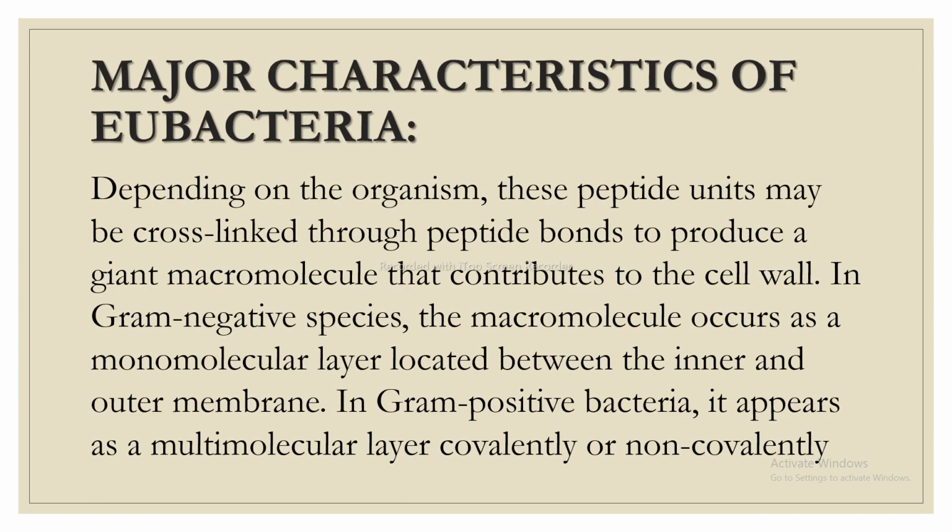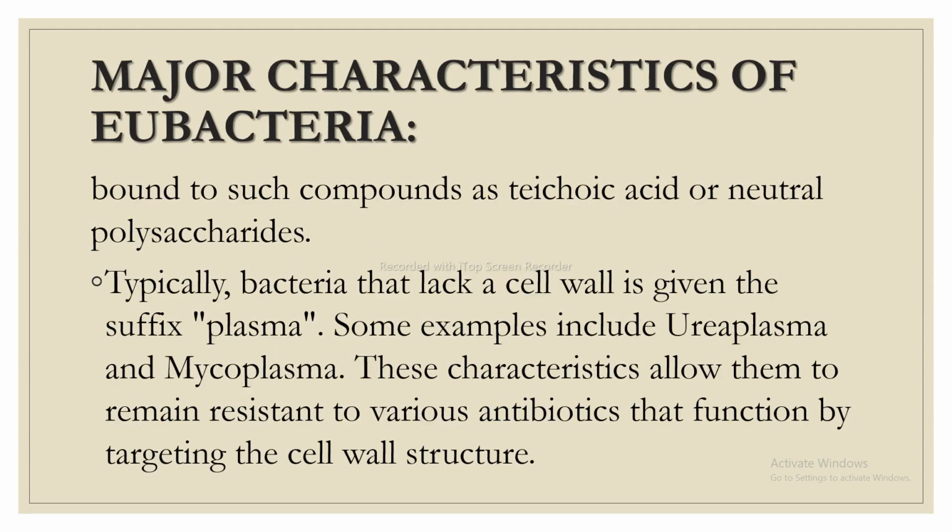In gram-negative species, the macromolecule occurs as a monomolecular layer which is located between the inner and outer membrane. In gram-positive bacteria, it appears as a multimolecular layer, covalently or non-covalently bound to such compounds as teichoic acid or neutral polysaccharides.